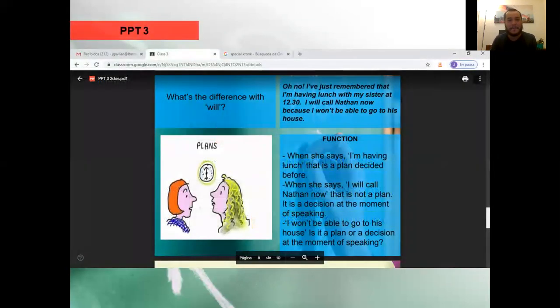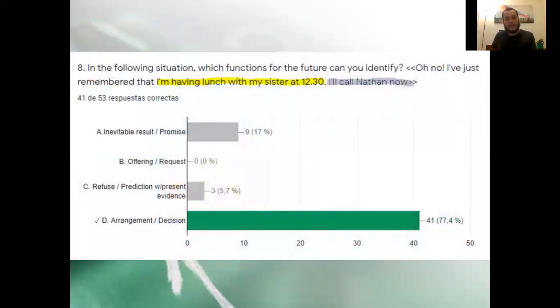Last question. Before that, PPT number 3. We saw the differences between will and the present continuous. I put this situation about the lunch with the sister at 12:30, and I will call Nathan now, blah, blah, blah. Why do I put this information? Because in the final question, number 8, in the following situation, which functions for the future can you identify?